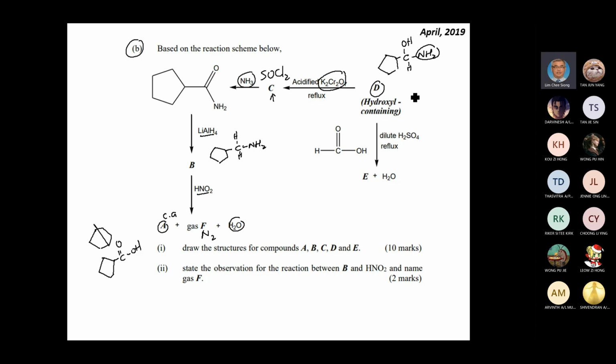Should be under the alcohol. Okay, dilute acid, reflux. We're very happy when you see this one. Sure that you're going to form ester. So this compound can be obtained. Okay, compound E.